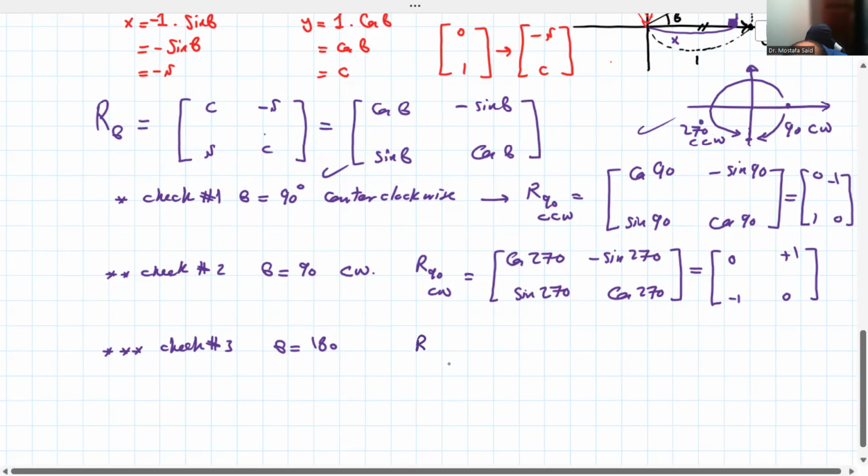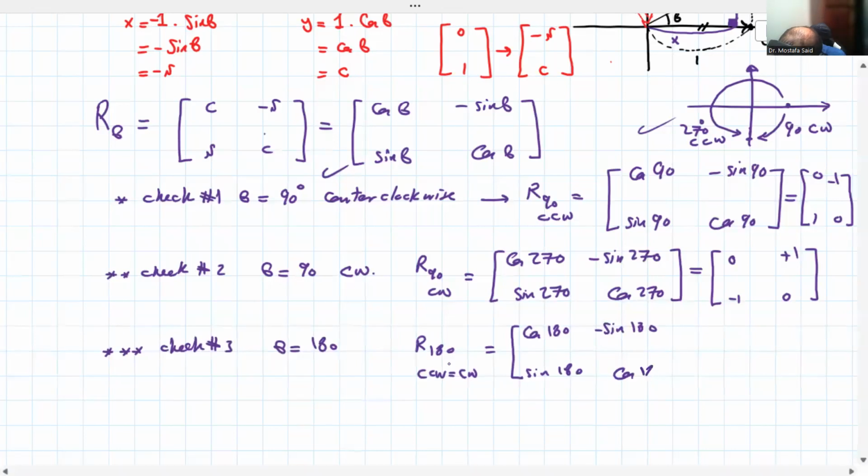So R 180 clockwise is cosine 180, minus sine 180, sine 180, and cosine 180 again.